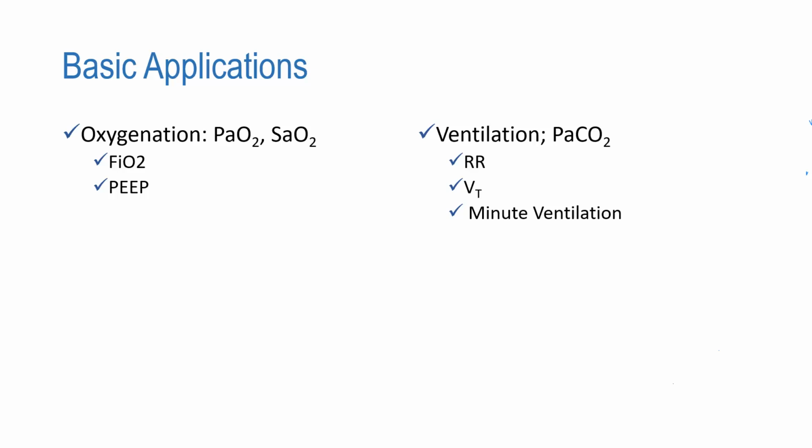Distending pressure for us will be CPAP, EPAP, PEEP. The only difference between CPAP and BiPAP, or CPAP and ventilation, is that I support the inspiratory side. CPAP is just a constant pressure. When you give somebody PEEP, it's a constant pressure.